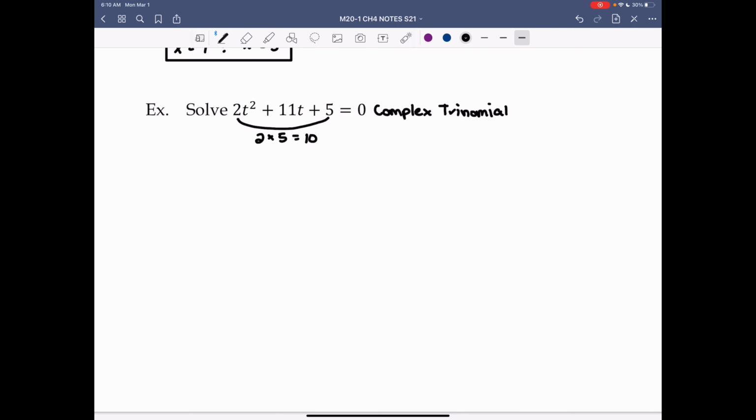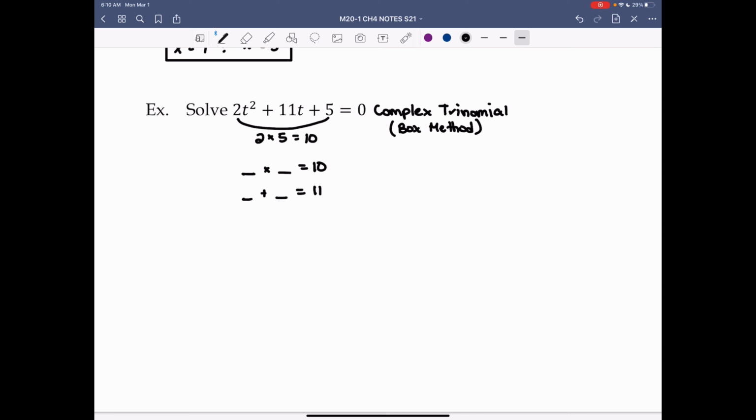That means we have to use the box method to factor it. So we have 2 times 5 is 10. We want two numbers that multiply to 10 and still add to the middle term, which is 11.